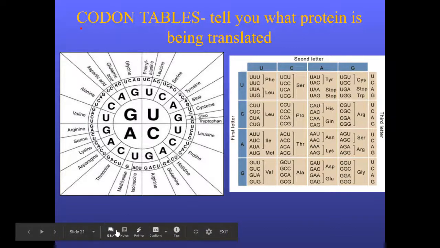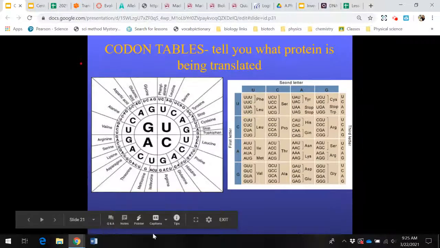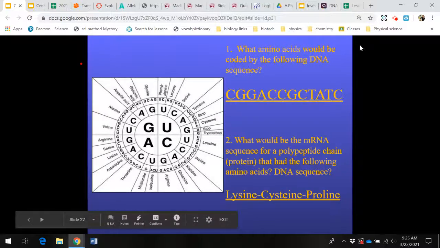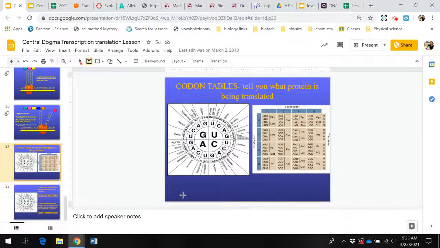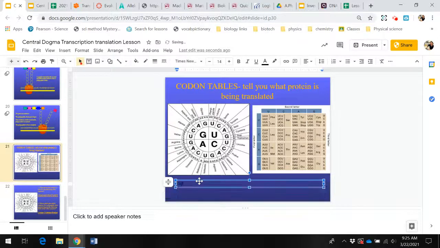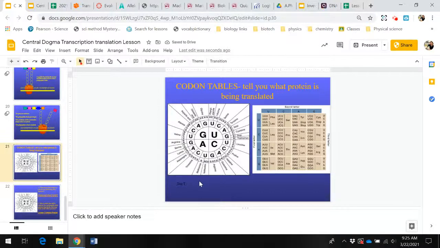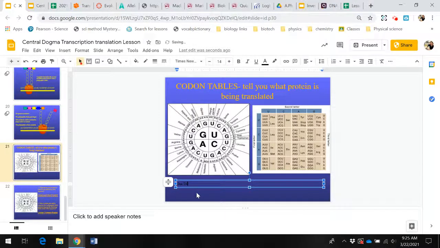So the DNA strand is going to be TACGTACGA. All right, so that's our DNA strand.